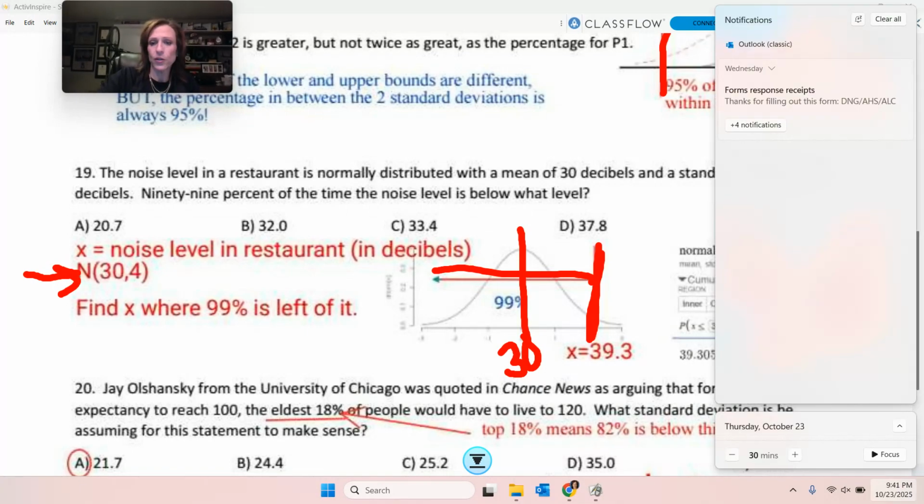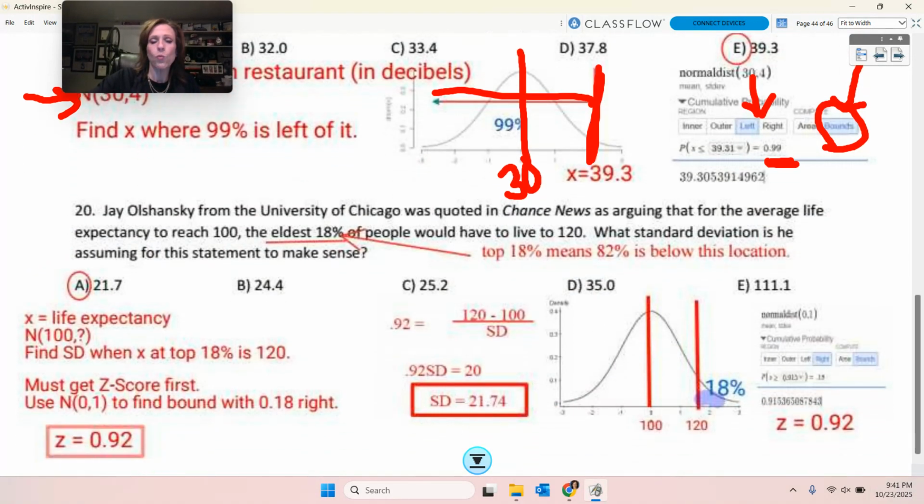So here for number 20, we are finding a standard deviation. All right, so you remember that if you're finding a mean or you're finding a standard deviation, that is the only time you don't have a choice.